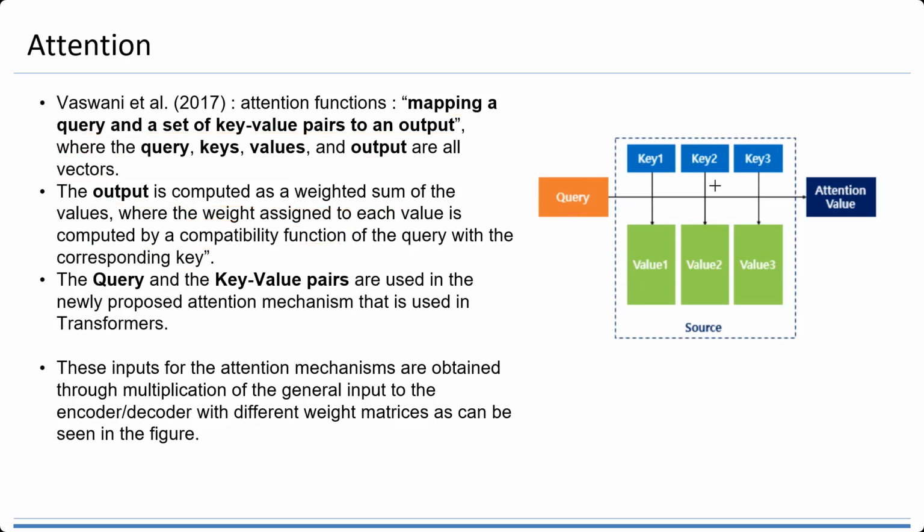So let's say we have the key and value. We will do the multiplication of key and value with the query. The query and the key value pairs are used in the newly proposed attention mechanism that is used in the transformer. So this part, we call the transformer.